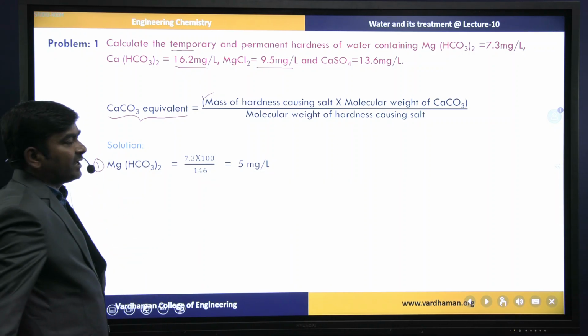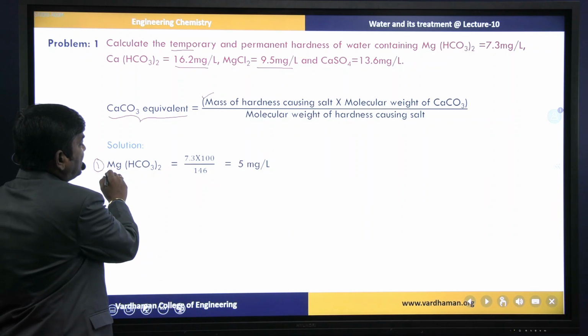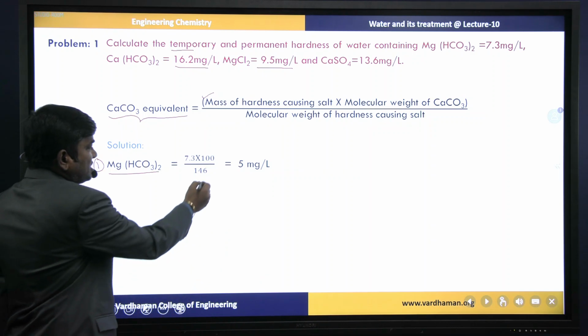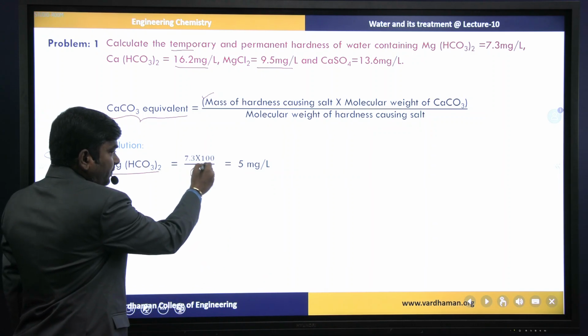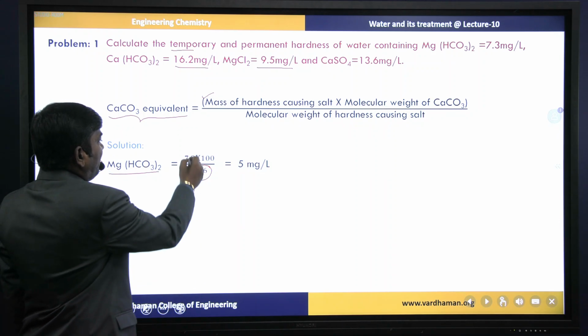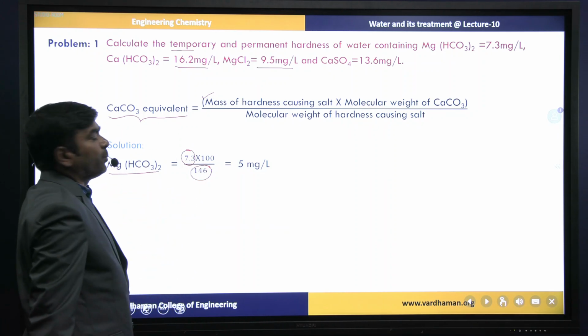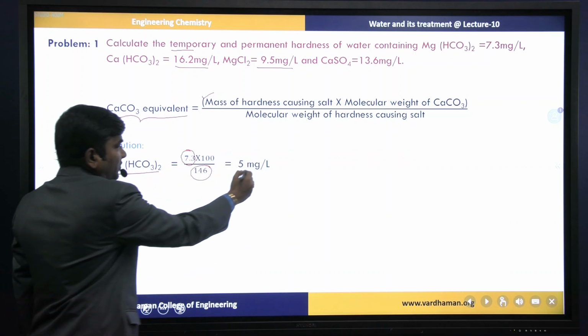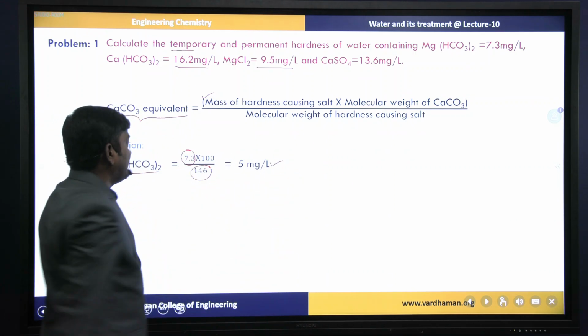We are converting magnesium bicarbonate's weight into calcium carbonate equivalent weight. Its molecular weight is 146 and the given weight is 7.3, right? So 7.3 by 146 into 100, we are getting 5 milligrams per liter.